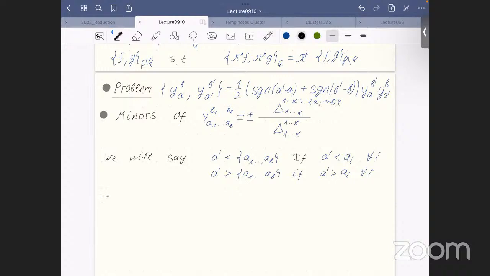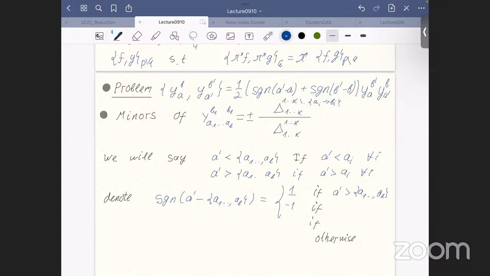We will also use the notation: denote sign of A prime minus the set A1 ... AL to be 1 if A prime is greater than this set, minus 1 if A prime is less than this set, and 0.